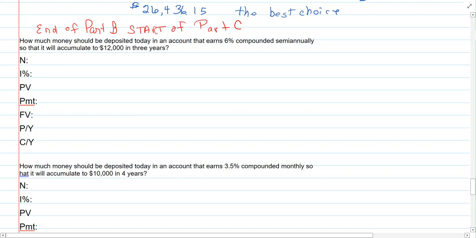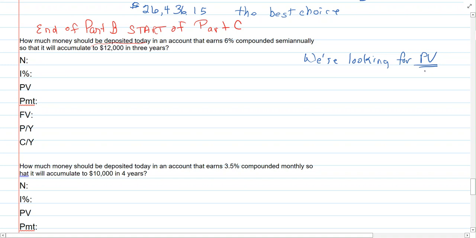How much money should be deposited? So in this case, we're looking for P, present value.